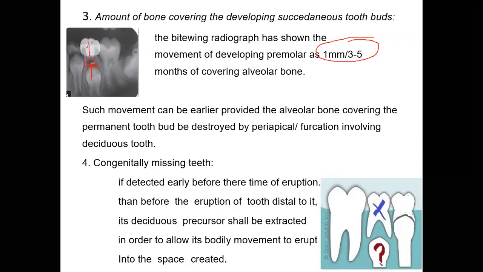If I extract this tooth and I am not giving any space maintainer, then these teeth will try to drift. But if I'm pretty sure that my permanent succedaneous tooth, which is very near the bone, will not allow these teeth to drift into the space, then I can extract this tooth.